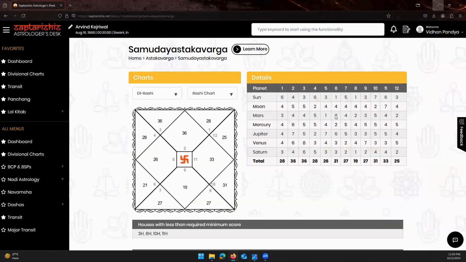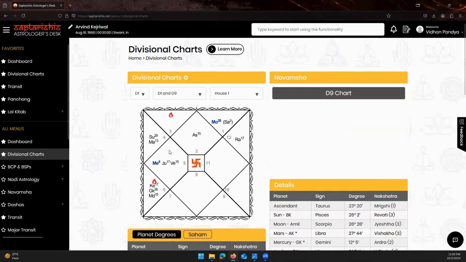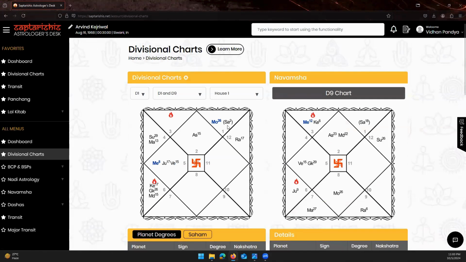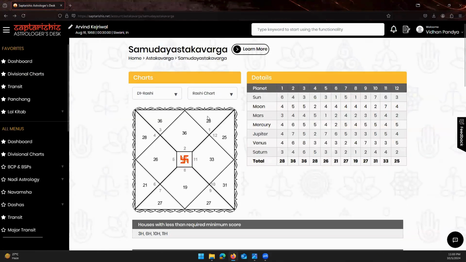That will give us the age at which we will have sorrow, sickness, and all these things. Saturn is in the 12th house, which, as we saw, has 28 Bindus, right? So at the age of 28, both Mars and Saturn are activated. I have a very good feeling that it must have been a very challenging year for Arvind Kejriwal.